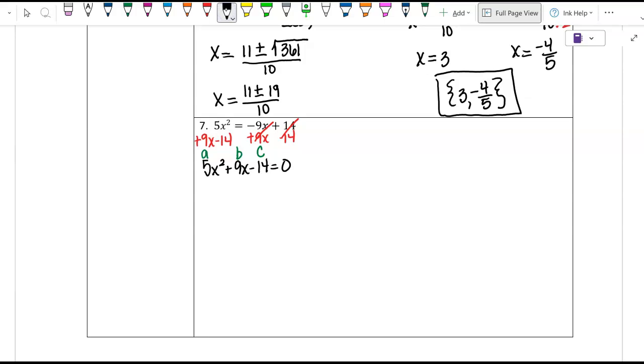So when we substitute into the quadratic formula, I have x equals negative 9 plus or minus the square root of 9 squared minus 4 times 5 times negative 14, all divided by 2 times 5.